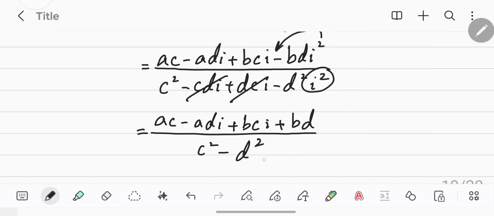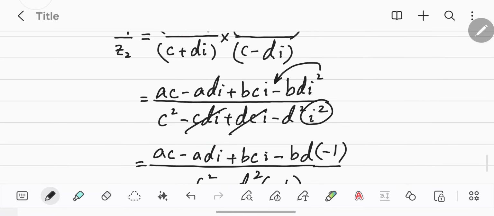Iota square means negative 1. So write this also as the product of negative 1: minus d square as it is, and then iota square equals negative 1. Okay?